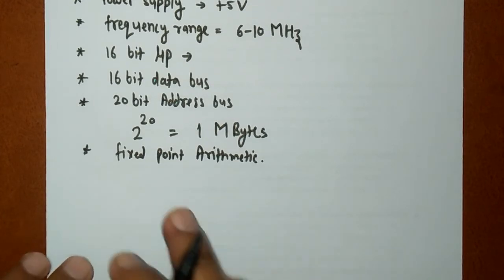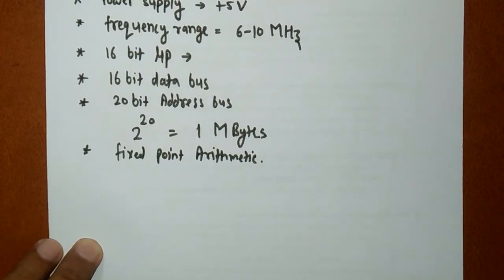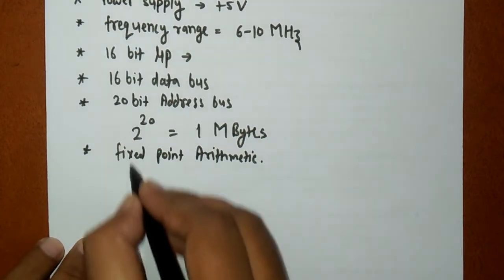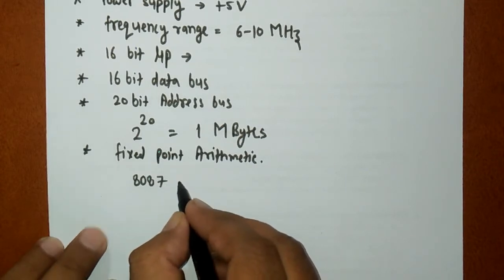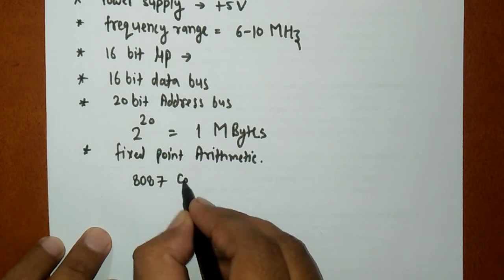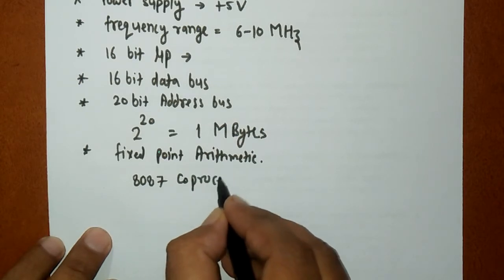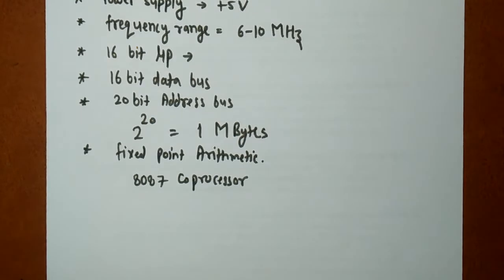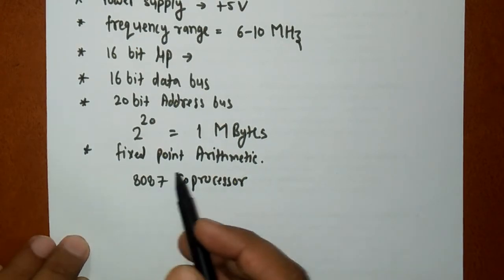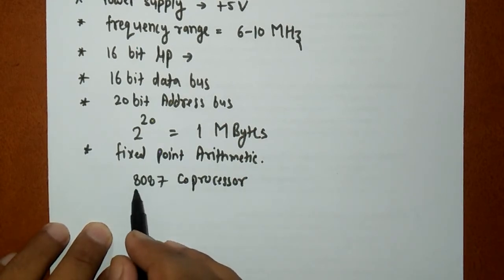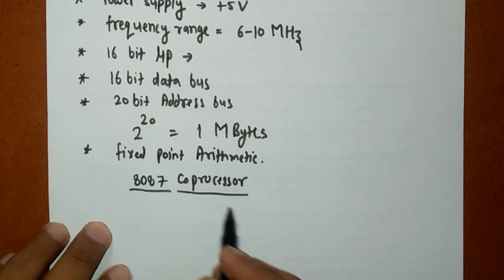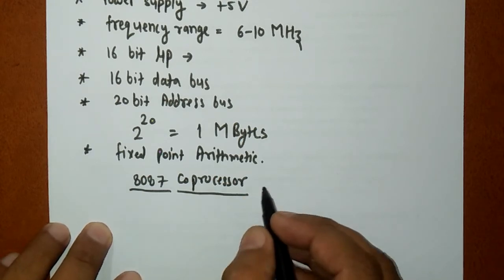If you want to perform some decimal operations, or you can say floating point operations, in that case you will have to use 8087 coprocessor with the 8086 microprocessor, and with the help of 8087 coprocessor 8086 can perform complex mathematical functions also. So from here you can see that with 8086 we can perform fixed point arithmetic, and if we are using 8087, that is coprocessor, in that case we can perform floating point operation also.